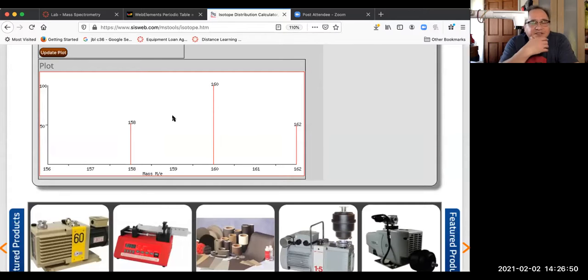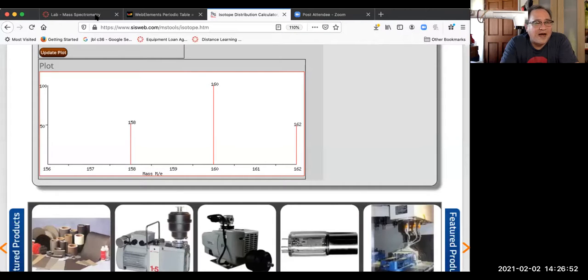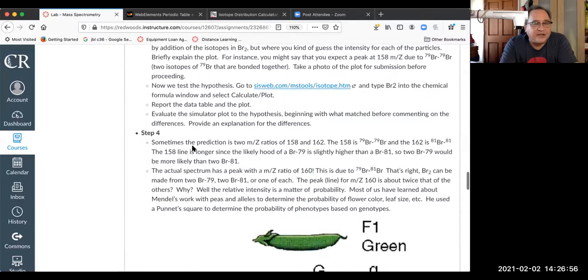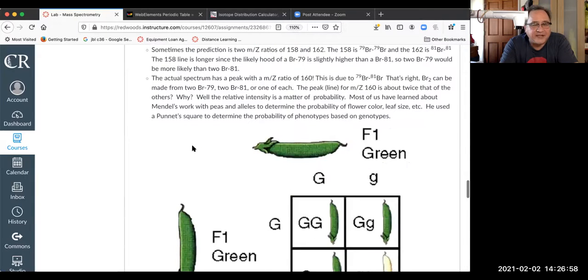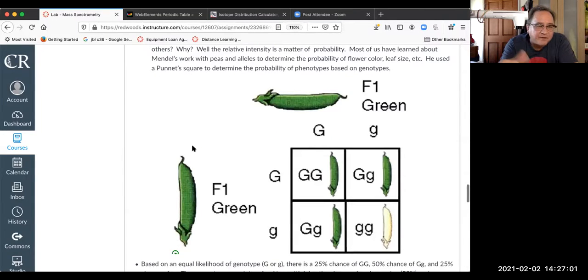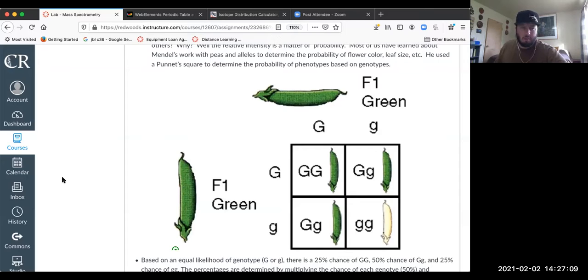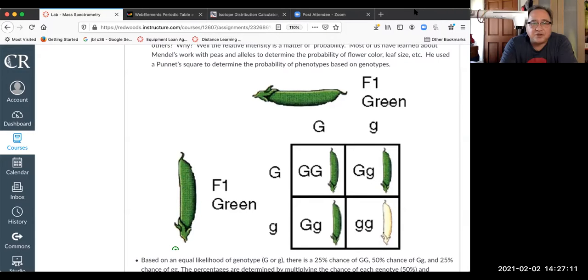So let's figure out why. Take a look at step 4. Here's the explanation. Have you guys ever heard of a Punnett square from Mendelian genetics? Yes. Never done one, but I've heard of one. Well, this is a Punnett square. You have two genotypes, big G and little g, and these are your two parents.